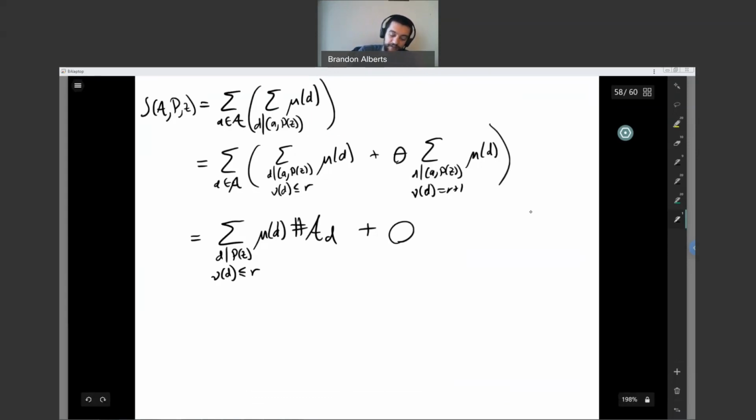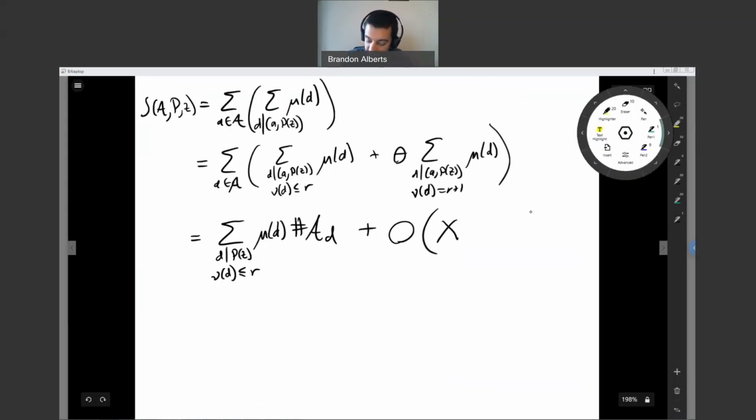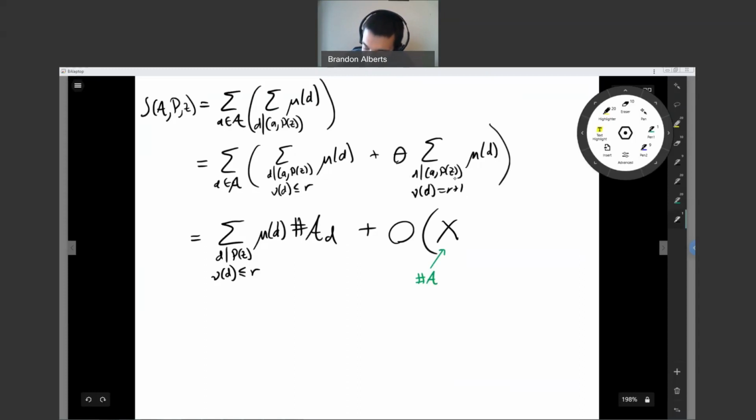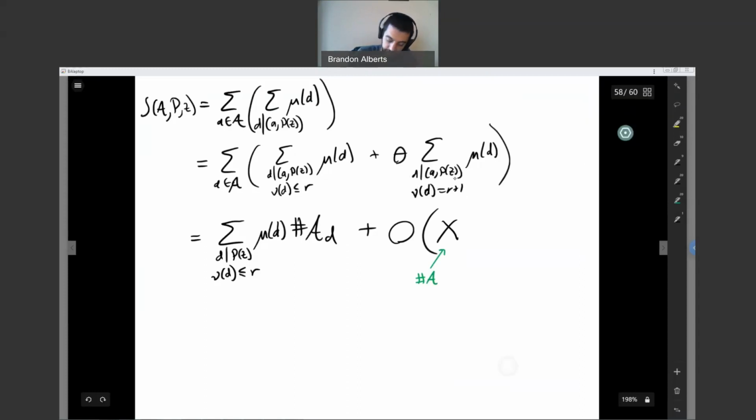So this is bounded above by X, which X by itself we're calling the size of A, times the number of possible integers D that fit this picture. Well, we're looking for D, which divides both of these numbers, but let's just say D only divides P of Z. So the number of D dividing P of Z with nu of D equals R plus 1.